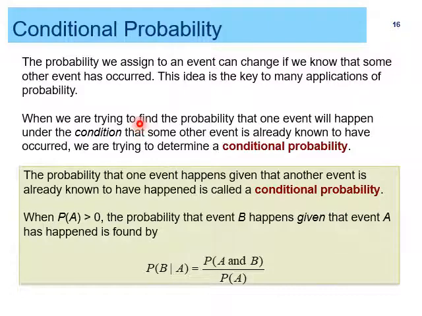When the probability of event A is greater than 0, the probability that event B happens given that event A has happened is found by P(B given A) is equal to P(A and B) divided by P(A).